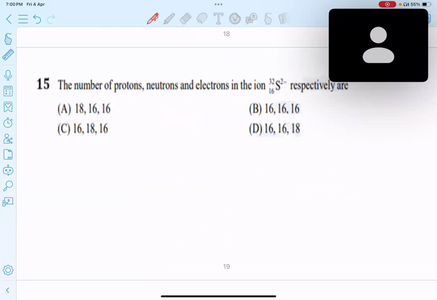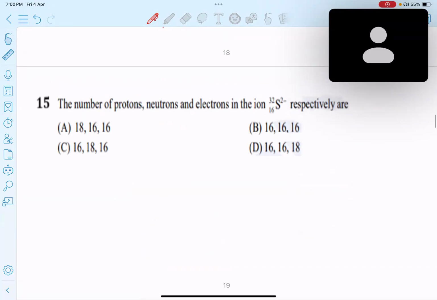The number of protons, neutrons, and electrons in the ion of 16, 32 sulfur respectively. Here the symbol is like this, with Z and A. Z is the atomic number, A is the mass number. Mass number is equal to the sum of protons plus neutrons.